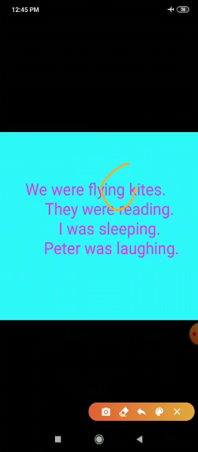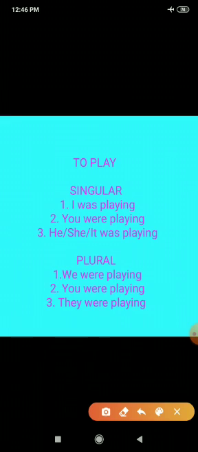Here we can see the same ending, ing. We said continuous tenses will be recognized by this ending. Here the difference is that we are not using is, am, and are. Here we are using was and were. For example, verb to play. I was playing. You were playing.